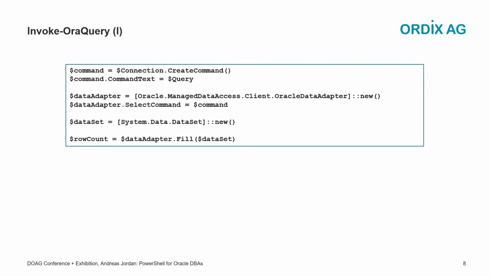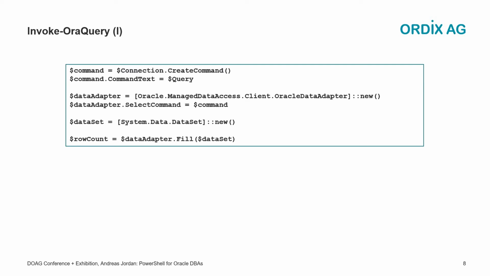I can just say, give me all at once, fetch all data at once. And this makes this very easy. So I just use a command object that I get out of the connection. And then I use a data adapter. And the data adapter can then execute the command and fill a data set.